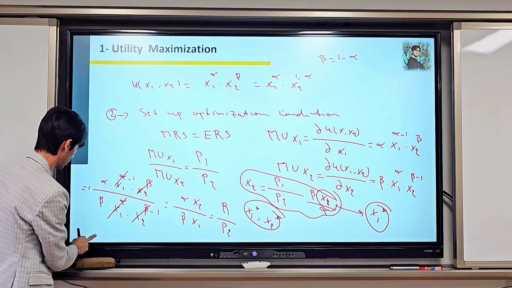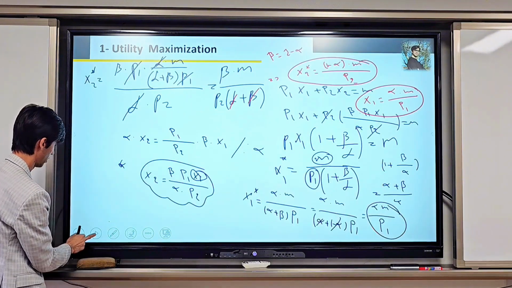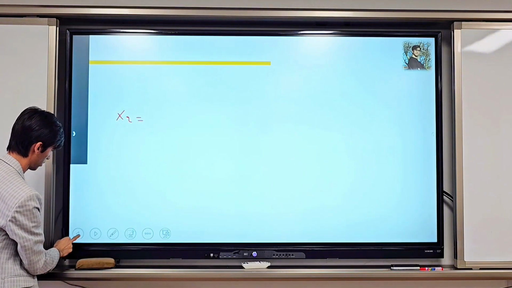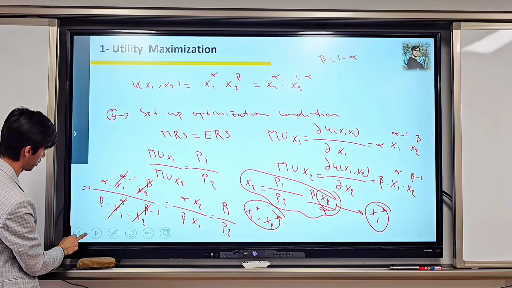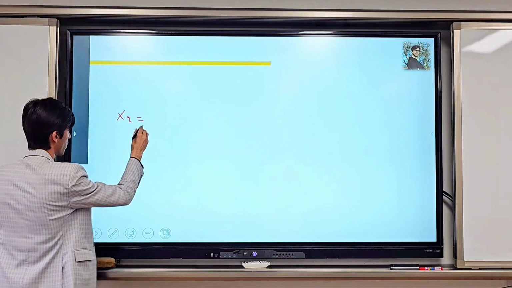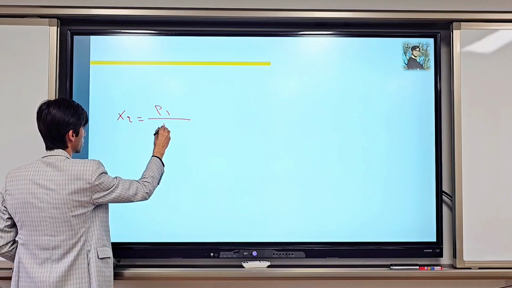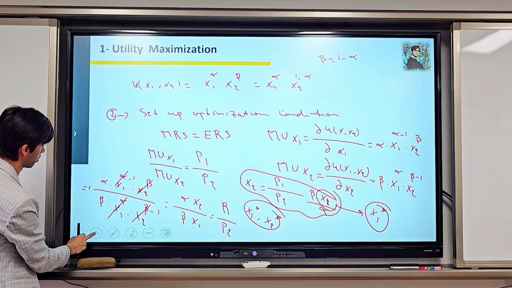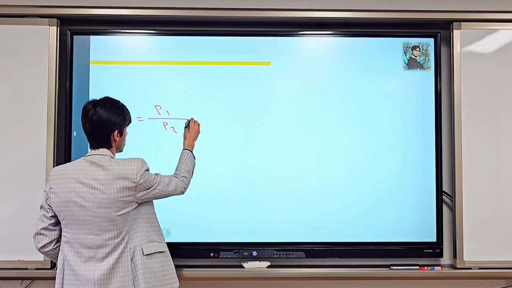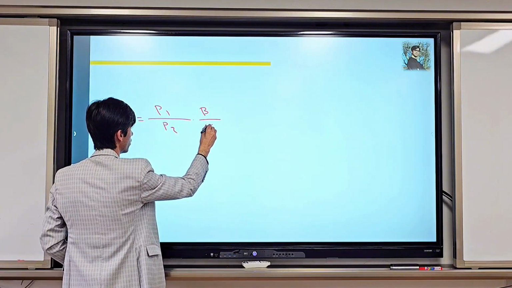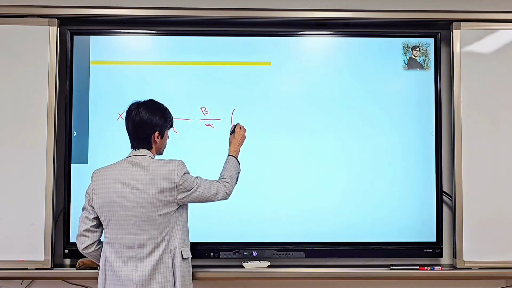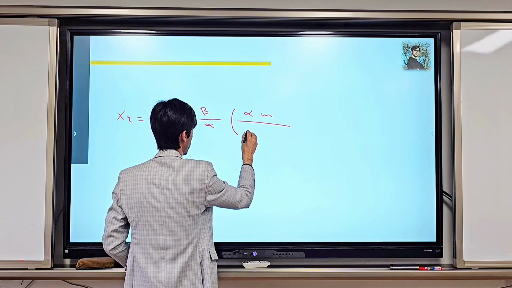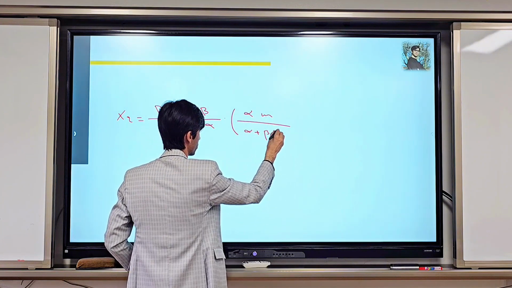So, for example, we have our x2 equal to P1 over P2 multiplied by x1 over alpha. Instead of x1, we can write down the value, which is alpha multiplied by m over alpha plus beta.